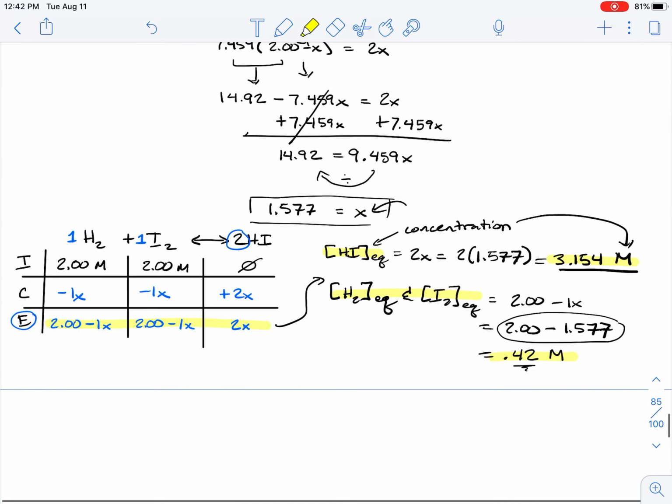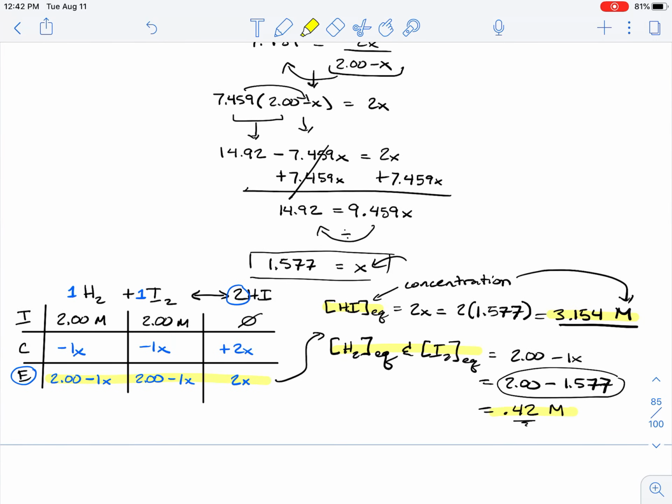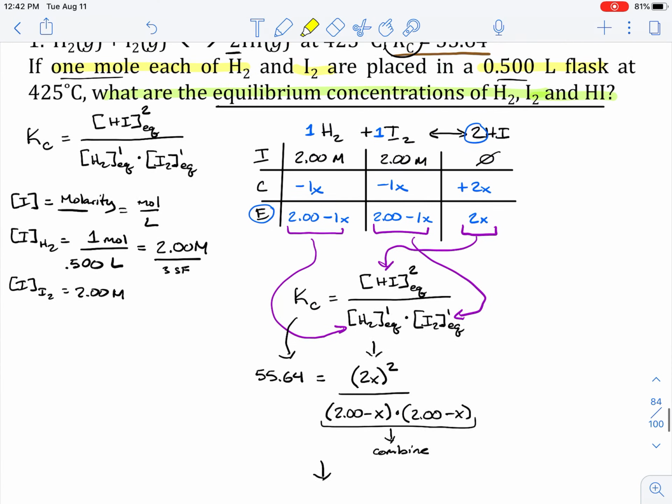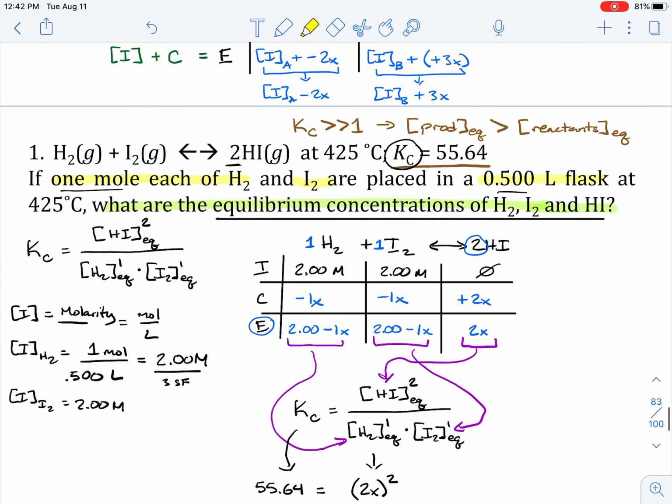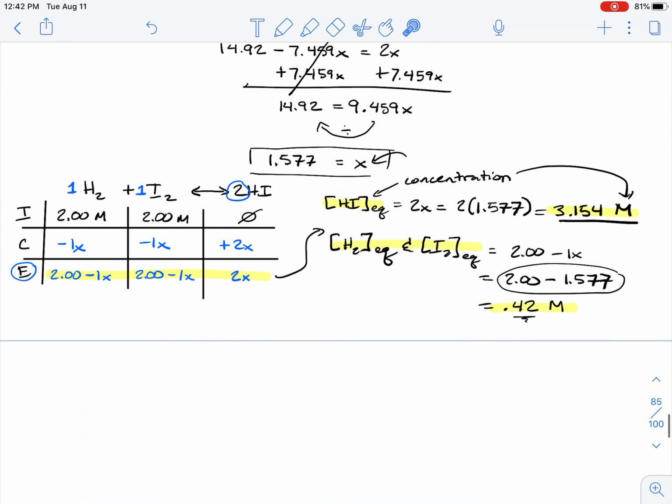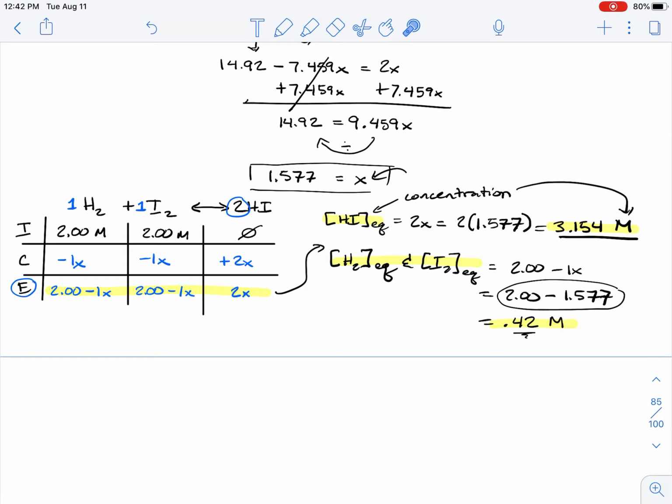Now, if you recall, at the very beginning of this lecture video, I made a statement saying that since the Kc is far, far greater than 1, the concentration of the products must be greater than the concentration of the reactants. Well, did we prove this concept true? Does our math reflect that concept? And it does.